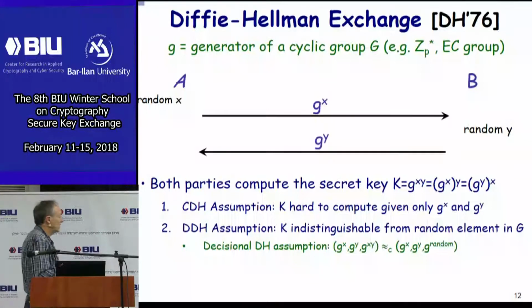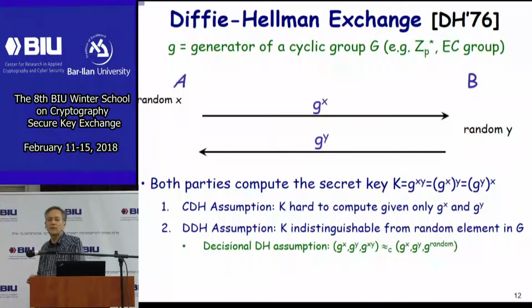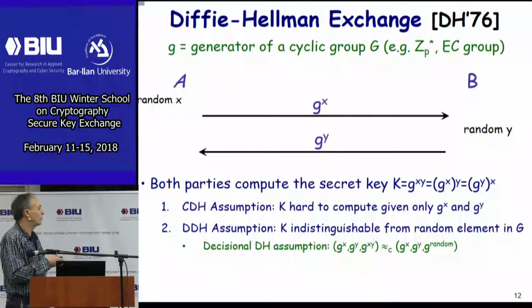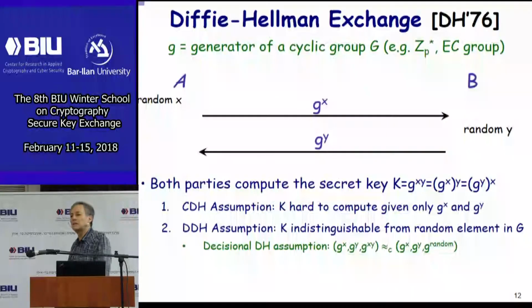And for this, we need a stronger assumption, what we call the DDH assumption, the decisional Diffie-Hellman assumption, that says that given two random values g to the x and g to the y, the result of Diffie-Hellman on these values, g to the xy, is indistinguishable from a triple that has g to the x, g to the y, and g to the random, meaning that for all practical purposes, the key that these guys derived is indistinguishable from a random group element.